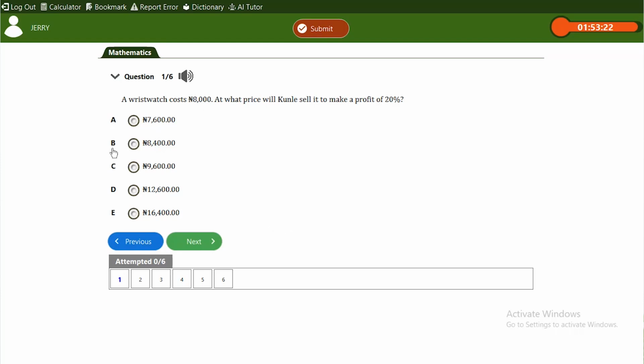Let's look at this. A wristwatch costs 8,000 naira. At what price will Kunle sell it to make a profit of 20%? All right, so let's look at that. Number 2. From the question we must analyze what the selling price is, what the cost price is.